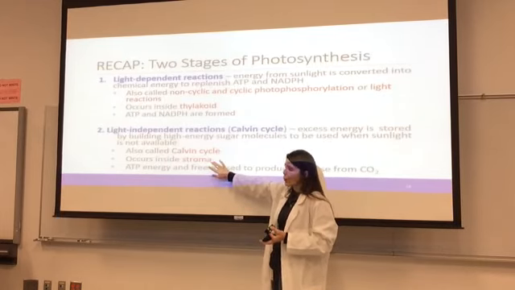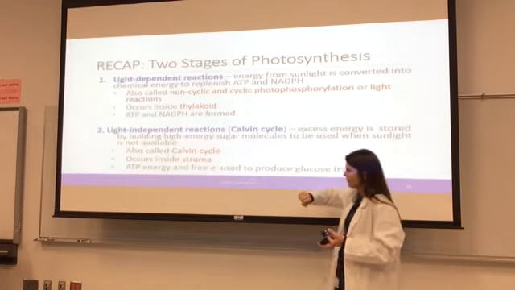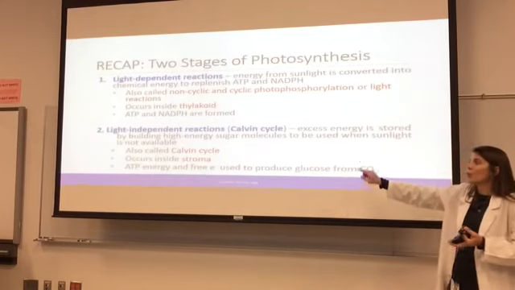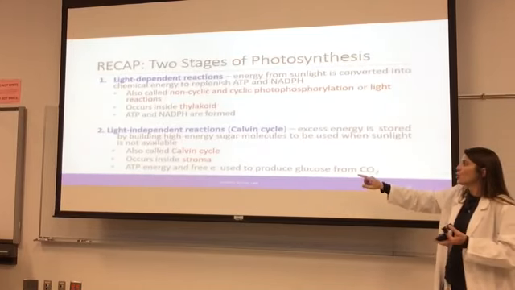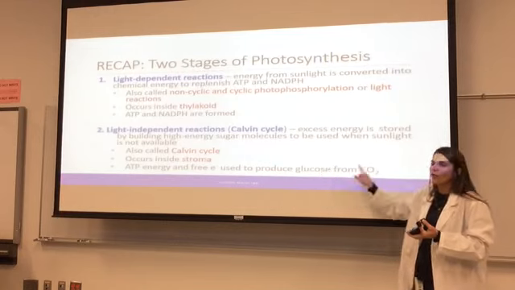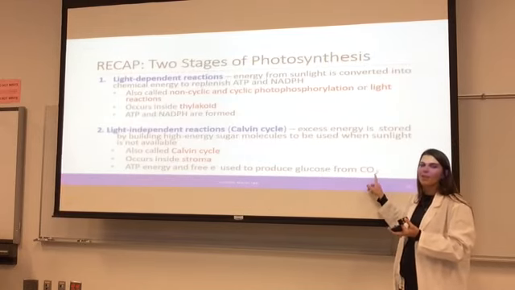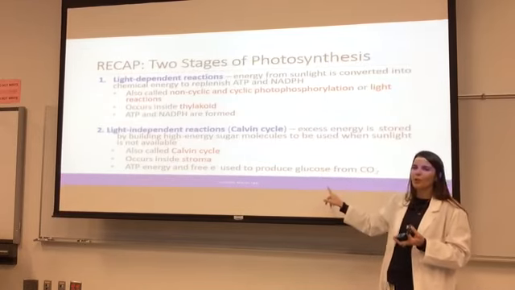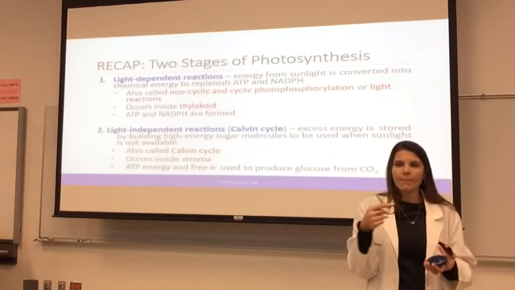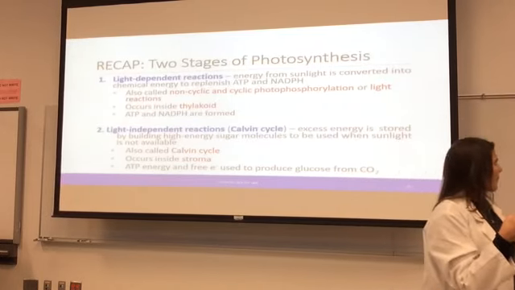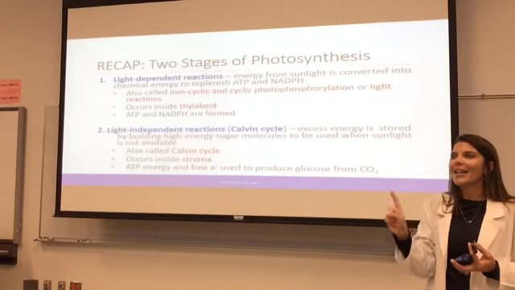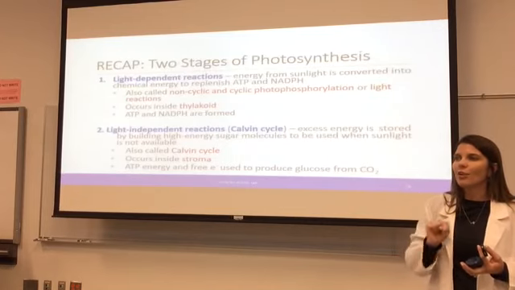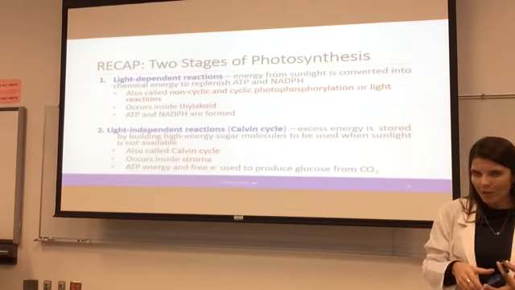They occur in the stroma, which is that open area. They use electrons to produce glucose from carbon dioxide. What's the process of taking carbon dioxide and turning it into glucose called? Fixation. What enzyme is used to fix carbon dioxide? Rubisco.